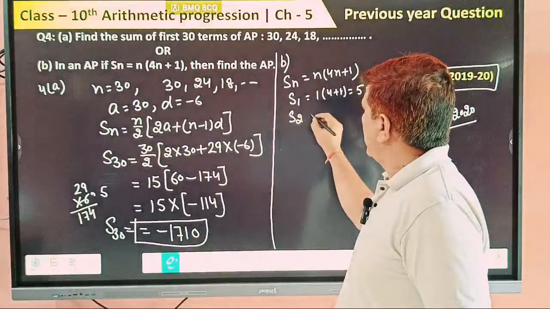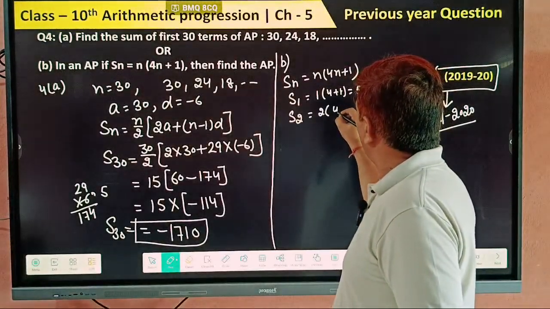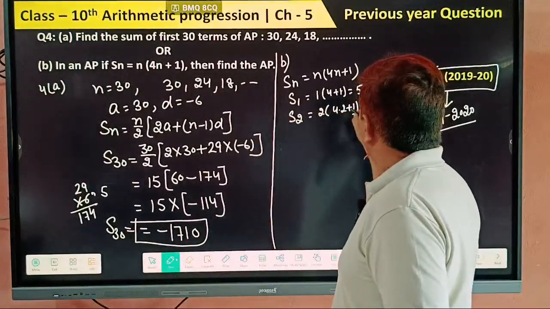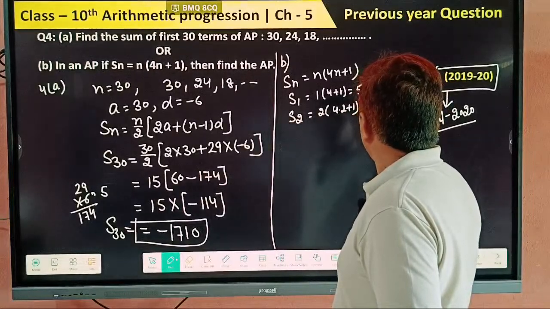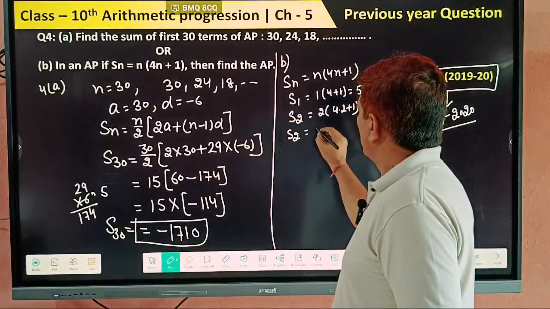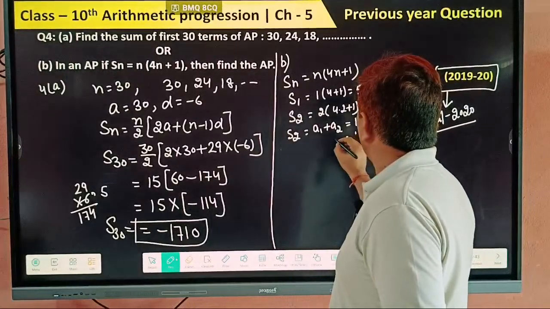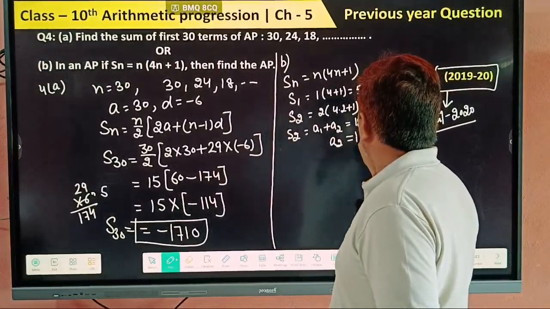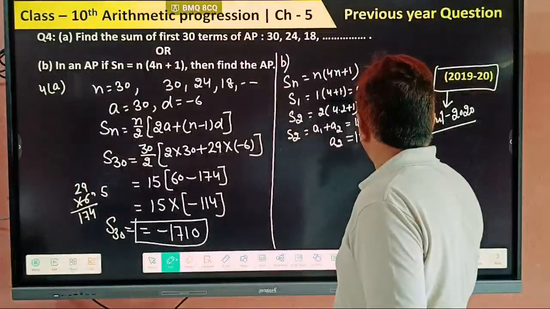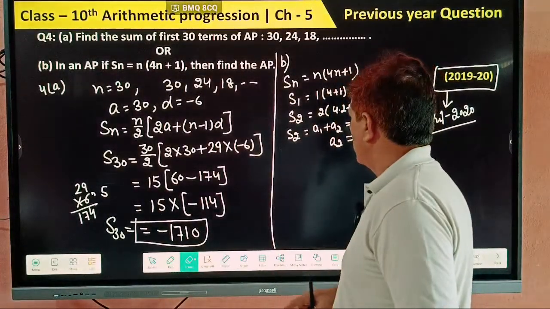S2 equal to 2 into 4 into 2 plus 1, 2 into 9, 18. So S2 means a1 plus a2 is equal to 18. So a2 is 18 minus 5. So this is your 13.